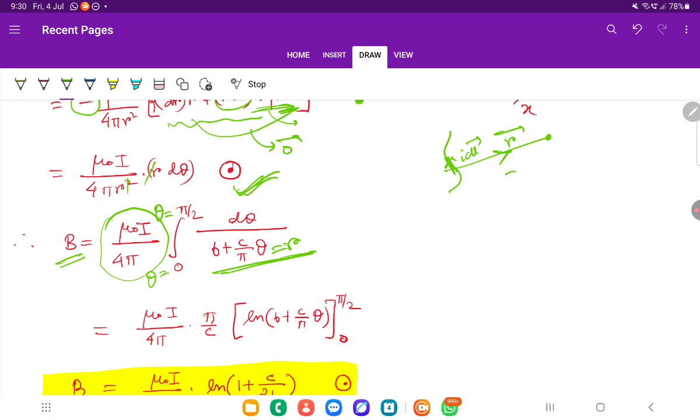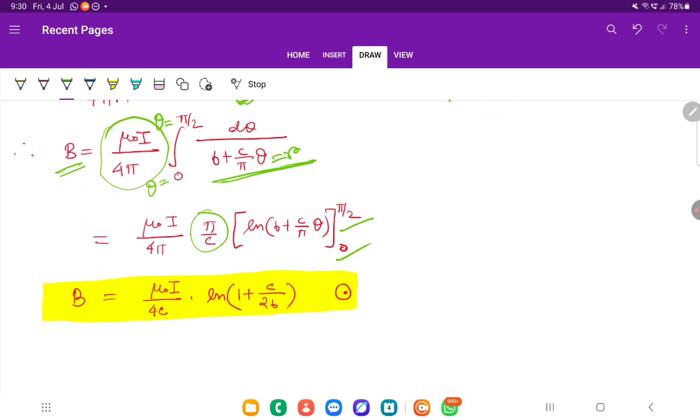So the integration will be ln of b plus c by pi into theta, and we'll divide by c by pi, or multiply by pi by c. We are putting the limits here, and it's a simple calculation. You will get this result. I am not explaining the calculation much. You can do it on your own, I guess.